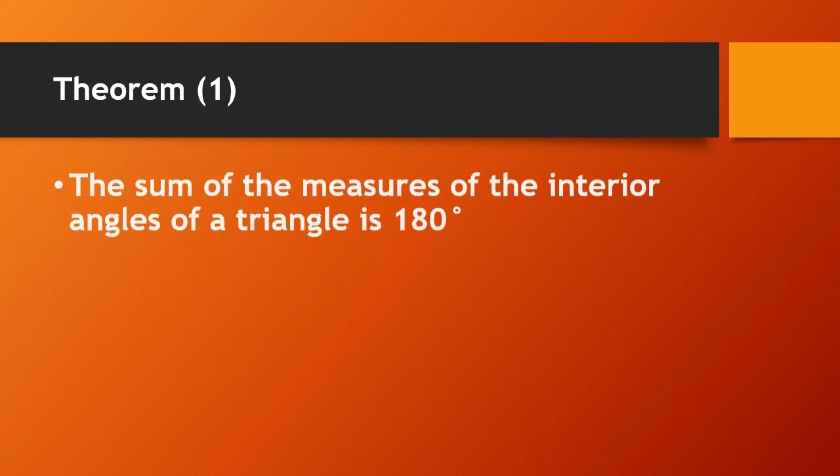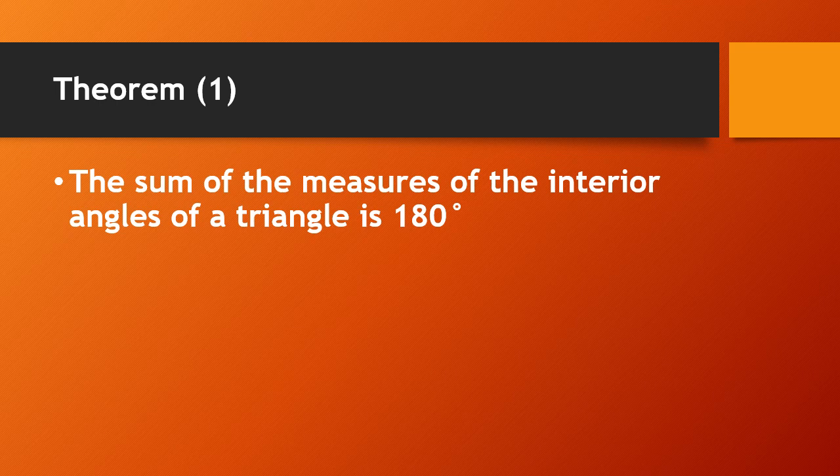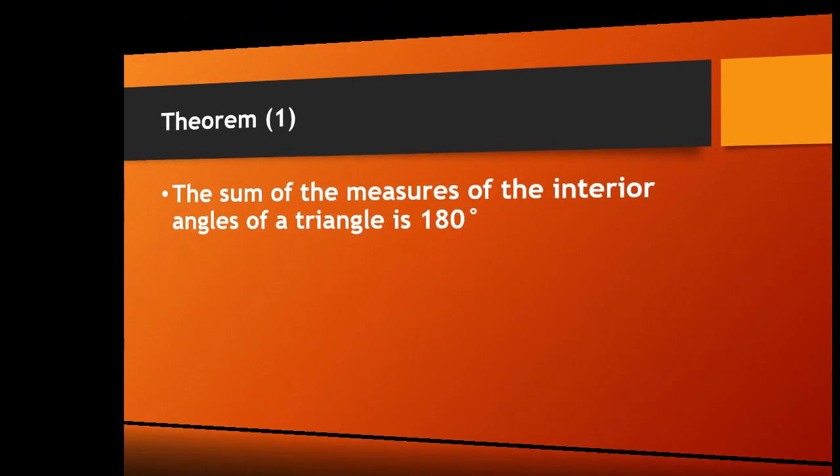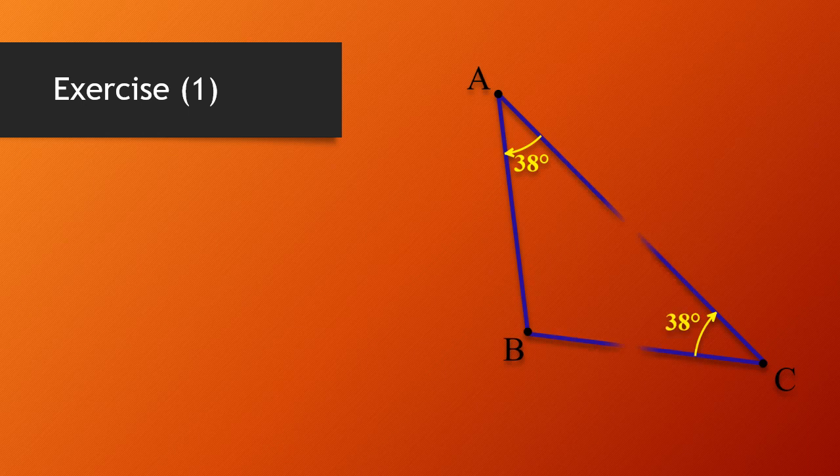Theorem 1. The sum of measures of the interior angles of a triangle is 180 degrees. Exercise 1. ABC is a triangle in which measure angle A equal 38 degrees and measure angle C equal 38 degrees.